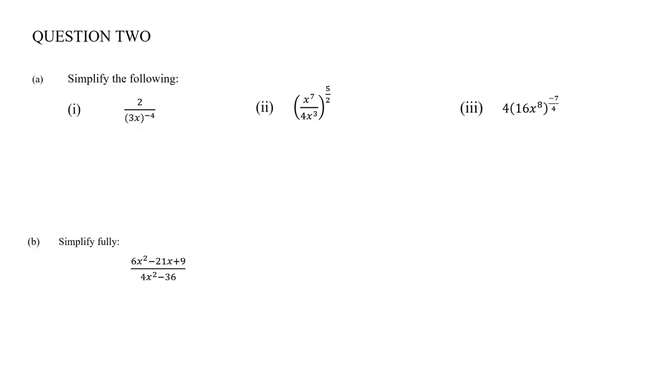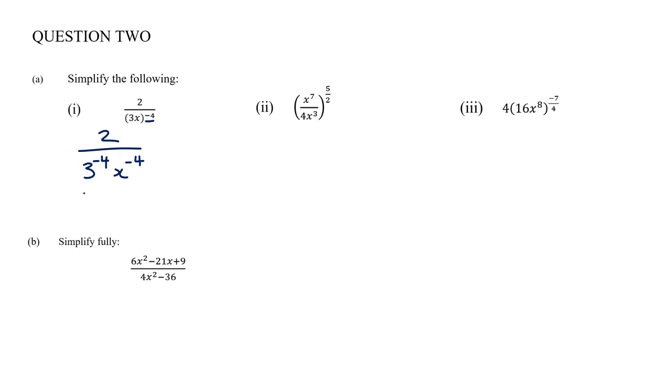Okay, so these ones, remember, I think generally the exam has an exponent type question. So what is a negative exponent? What does that actually mean? Okay, so this here is going to be 3 to the negative 4, x to the negative 4. That's what that's going to be. Now, if you in your calculators go 2 divided by 3 to the power of 4, that'll give you the coefficient.